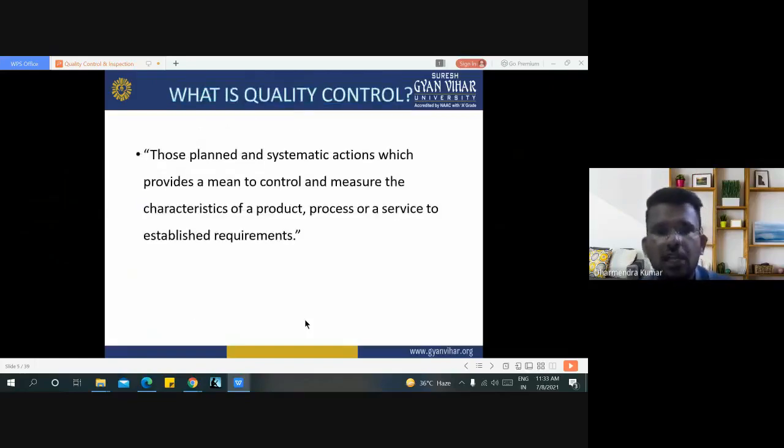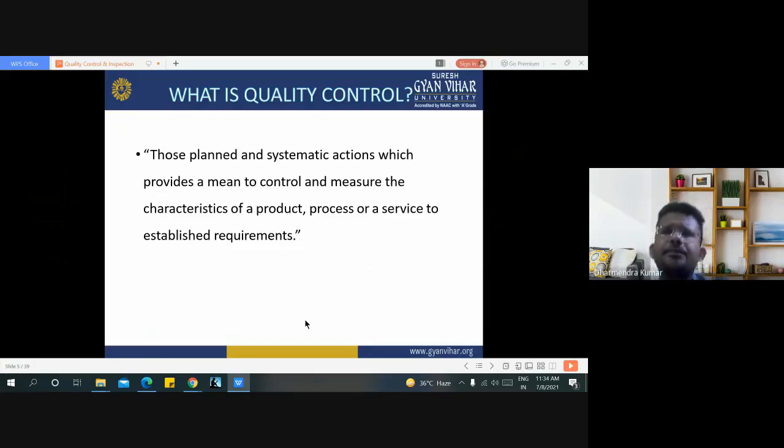What is quality control? Those planned and systematic actions which provide a means to control and measure the characteristics of a product, process, or service to establish requirements. As we have discussed, we have established some requirements of characteristics earlier, whether it is a product, a process, or a service industry.